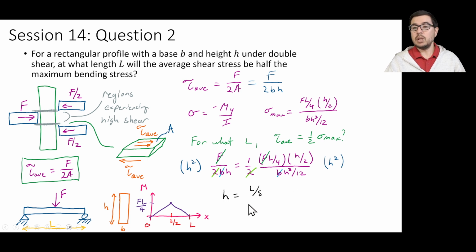So h can be described as L over 8 on 1 over 12. And so L, to satisfy this equality, is equal to 2/3 h.